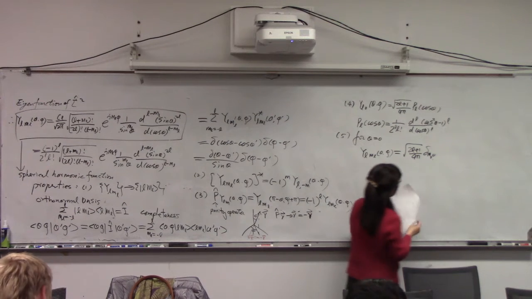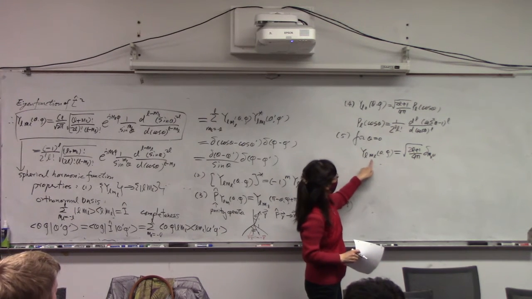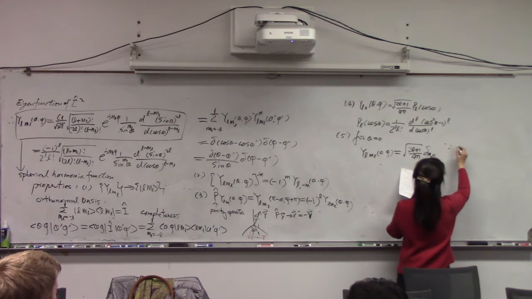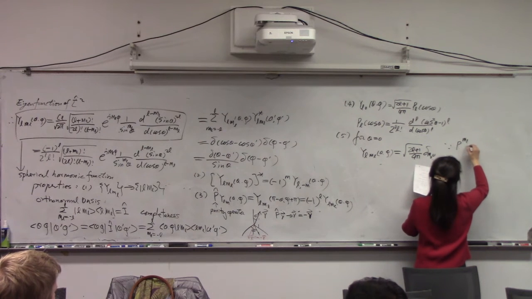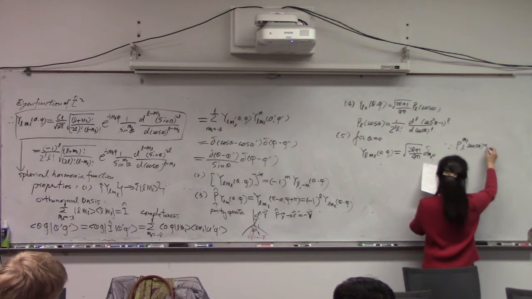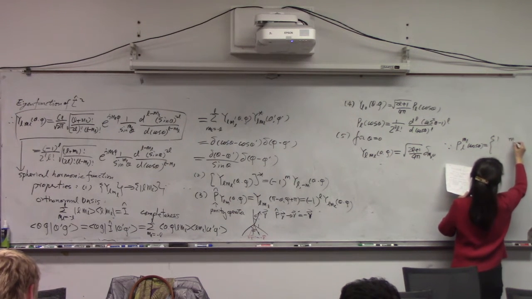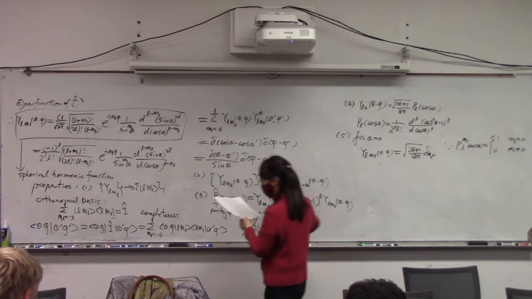So only when m_L equals 0 is it non-zero; if m_L is non-zero it equals 0. This is because we have P_L M_L of cos theta equal to 1 if M_L equals 0, and 0 if M_L is not equal to 0. So we immediately got this one.